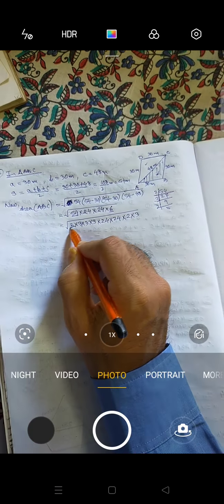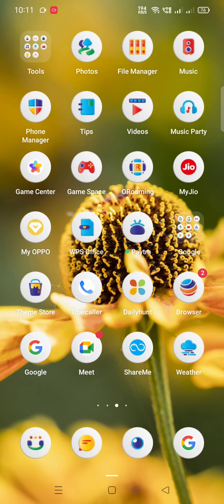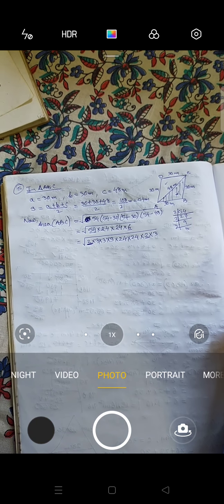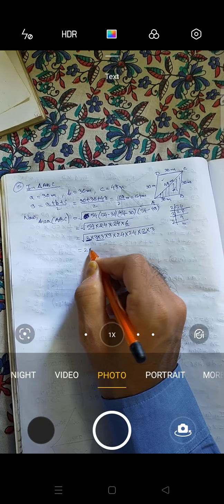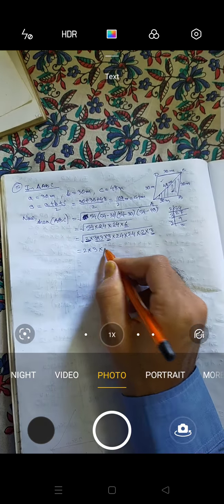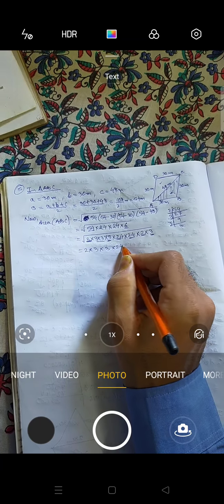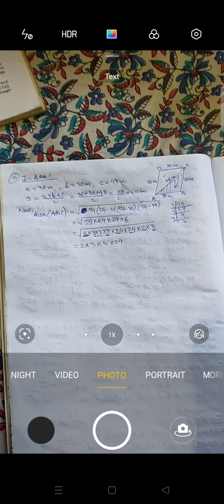Now this 2 and this 2, kindly mark this way while taking numbers outside the root. Then you will not feel any confusion. So this 2 will come out. This 3, 1 will come out. This 3 and this 3, 1 will come out. This 24 and this 24, 1 will come out. Is there anything left inside the root?